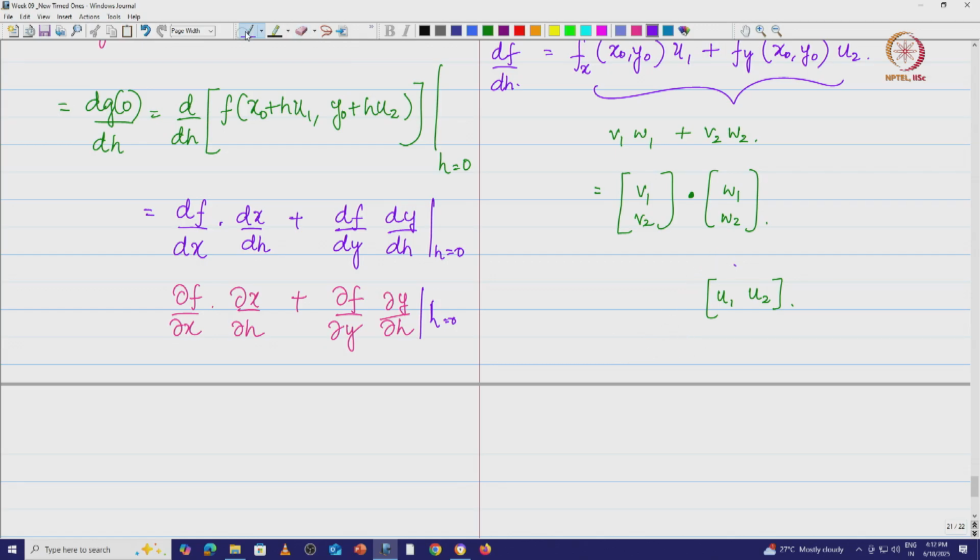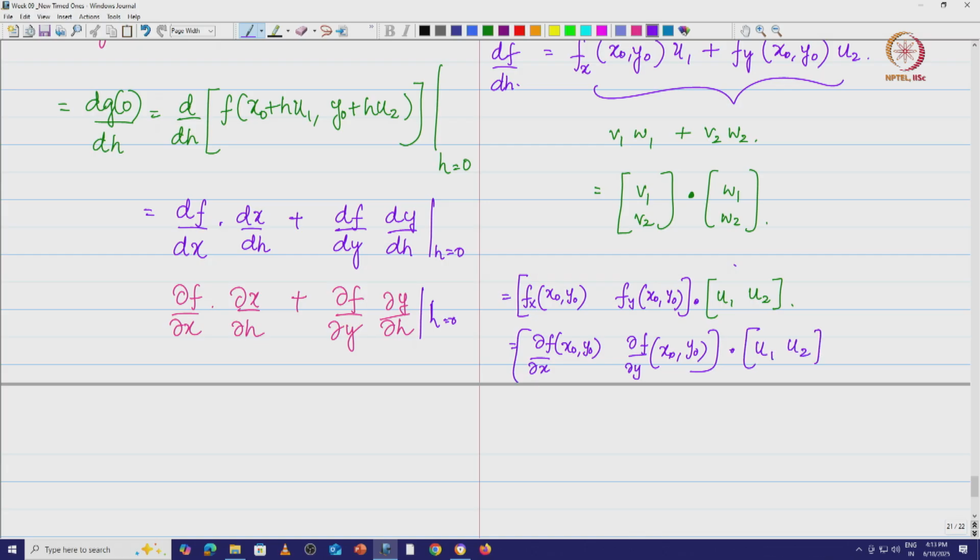So this is going to be fx of x naught comma y naught, then fy of x naught comma y naught, dot product with this, which is nothing but dou f by dou x evaluated at x naught comma y naught, dou f by dou y evaluated at x naught comma y naught, right? Dot product with this unit vector that we have already taken, the direction in which we are looking, u1 u2, right? This is what we have.